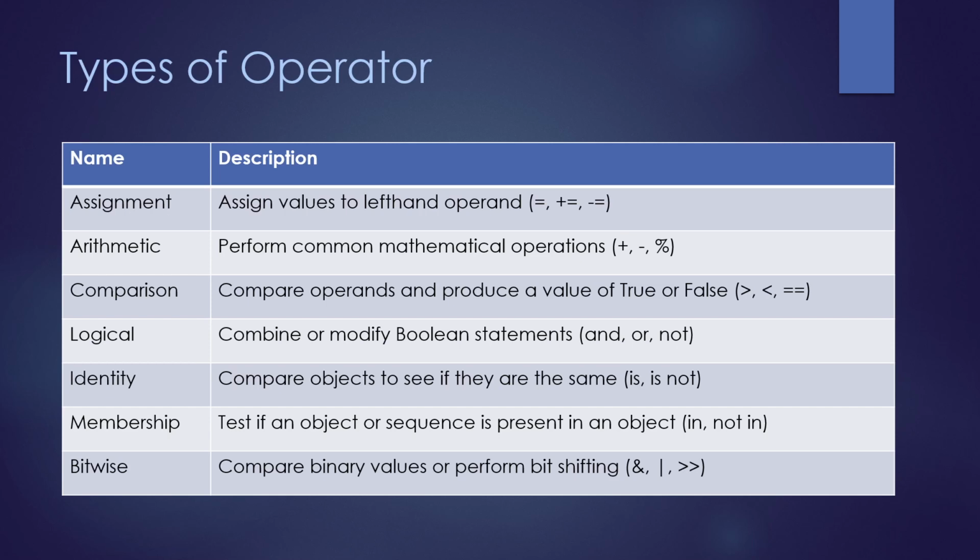Are these not necessarily equal, although that is the case, but are they actually the same variable? Are they the same thing in the same part of memory? You can also use this for checking the type of a variable. That is the most common use for the is and is not operator in Python.